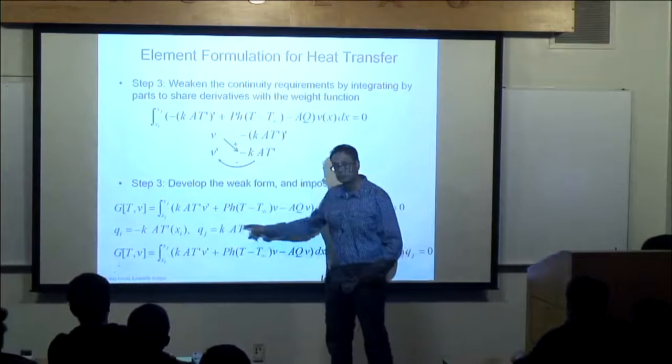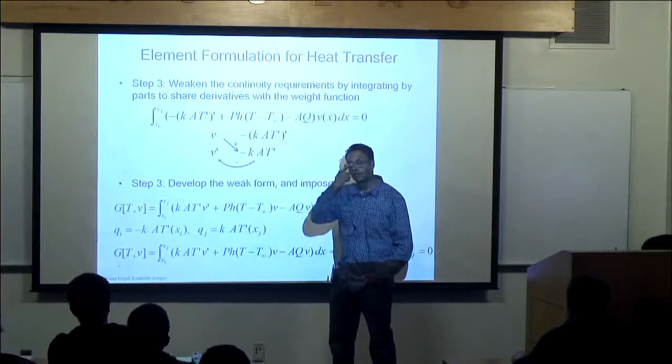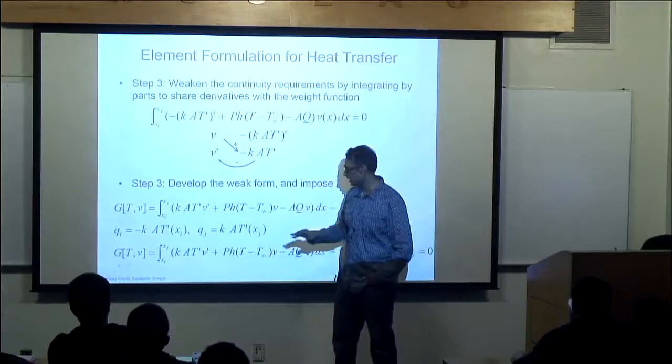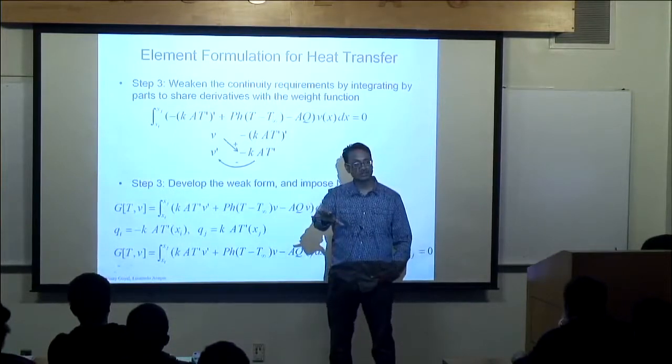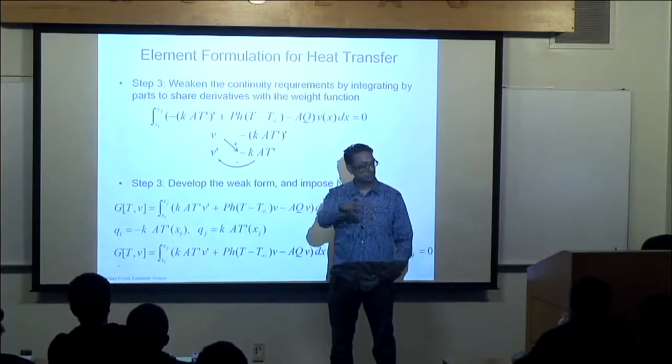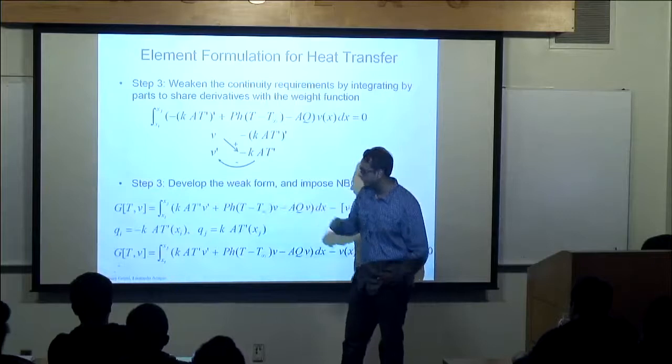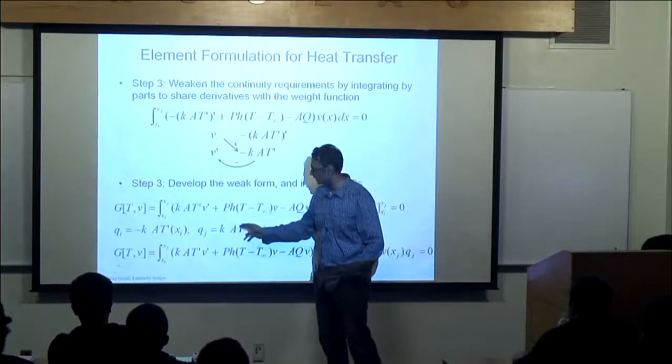We know that q is equal to this. You know this from Fourier's law. Just like in structural mechanics, force was related to EAu prime, if you recall, here we have Q related to KAT prime.